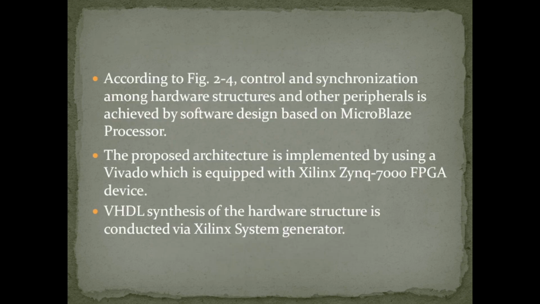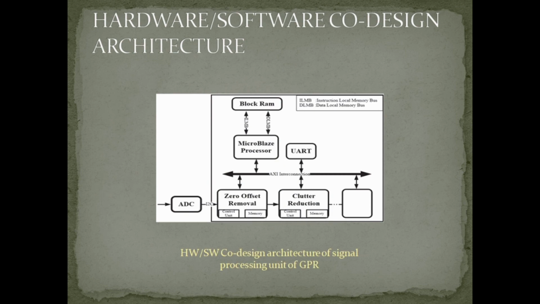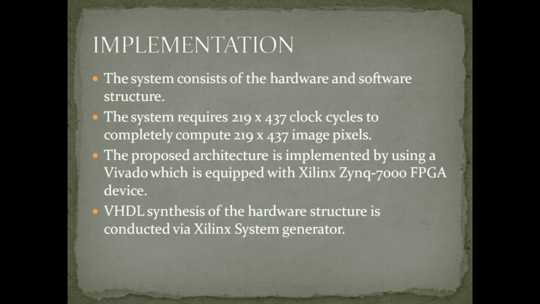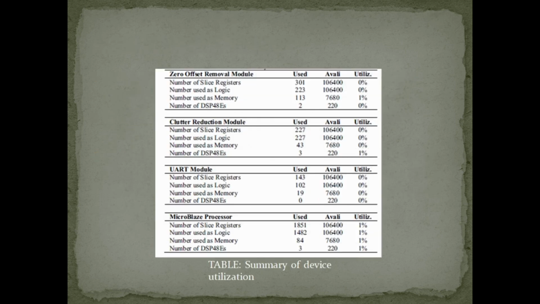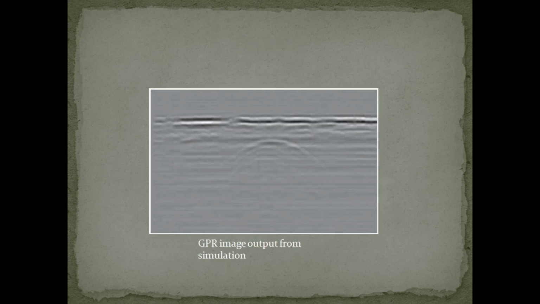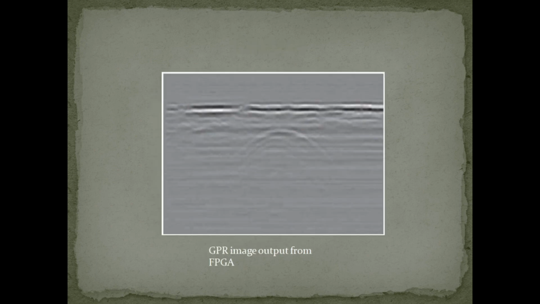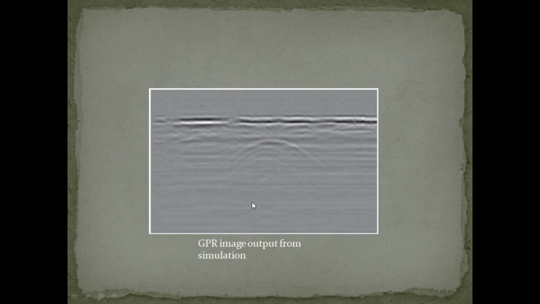From the block diagram, I think we can understand. Through the I2C interface, the implemented system performs processing of zero offset removal and clutter reduction, and the output is finally sent to the PC. We have already told that we can see the final output in the PC, and the result shows a good agreement between simulation and implementation. This is the implemented result, and this is the simulated result.